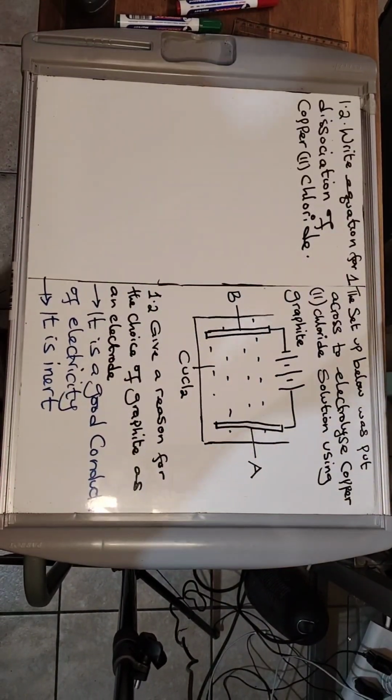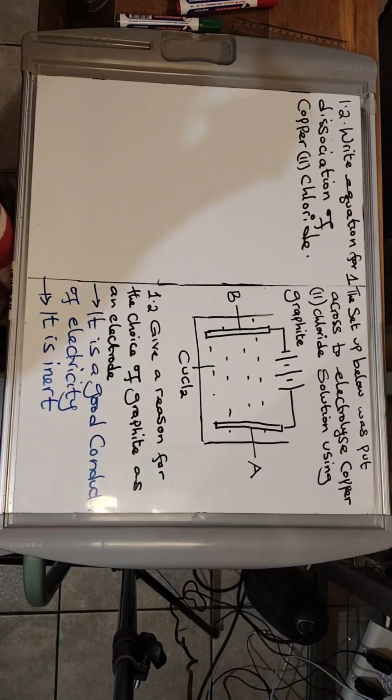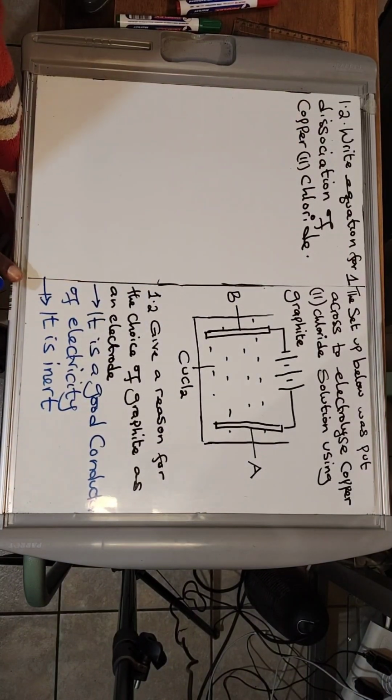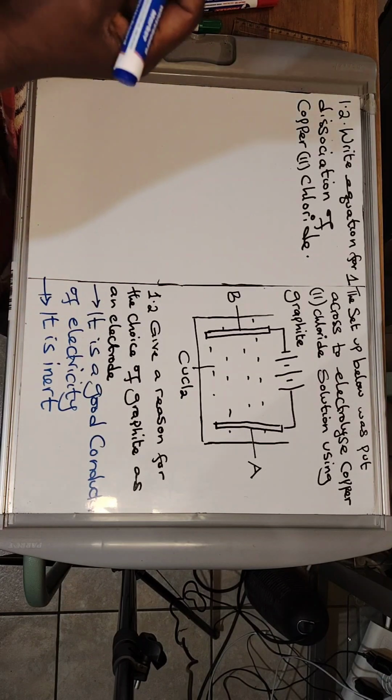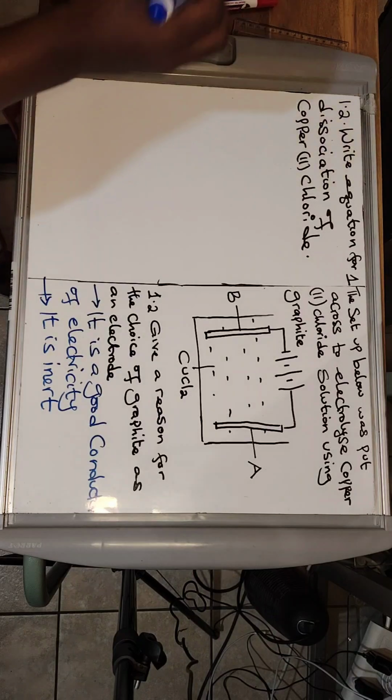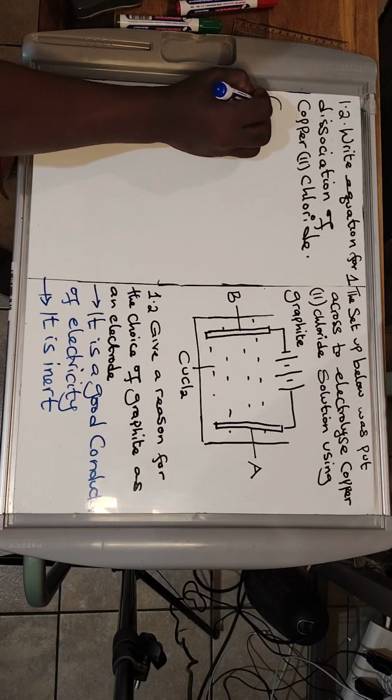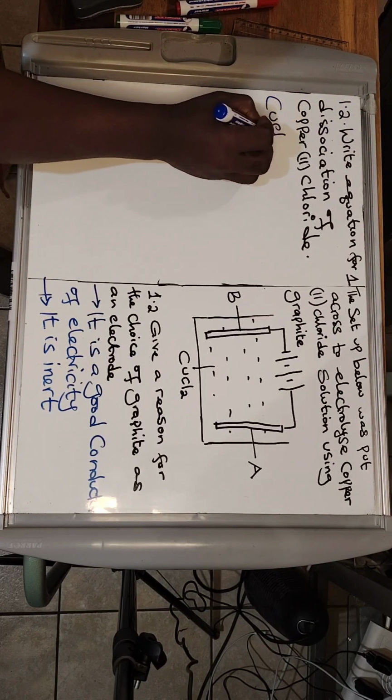Another, there comes the second question. Write the equation for dissociation of copper 2 chloride. Now, we have to remember that copper 2 chloride is written like this.